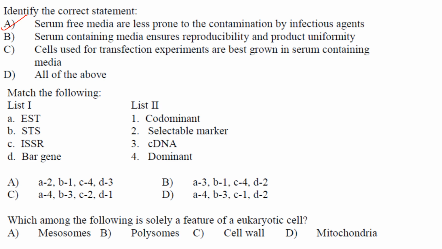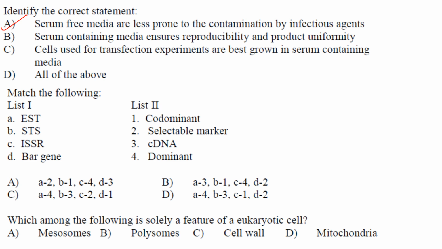Now match the following. EST, expressed sequence tag. It is cDNA, used for cDNA cloning. Yes, ESTs are produced from cDNA clones. STMS is a codominant marker, B1. ISSR is a dominant marker, C4. And bar gene is a selectable marker, D2.